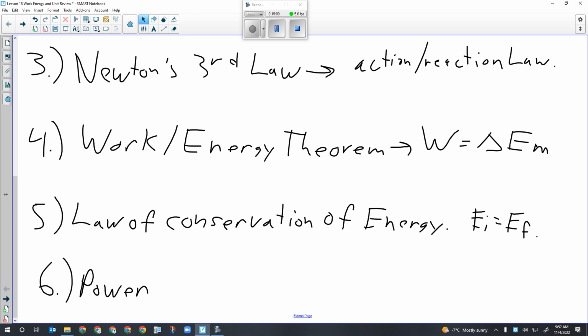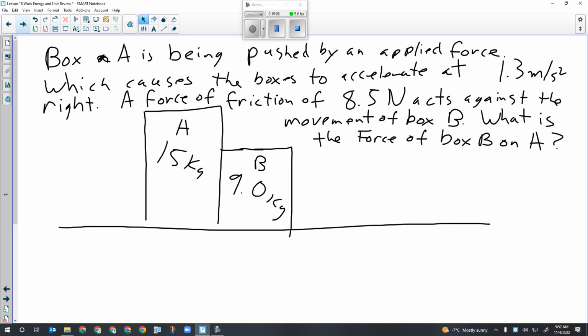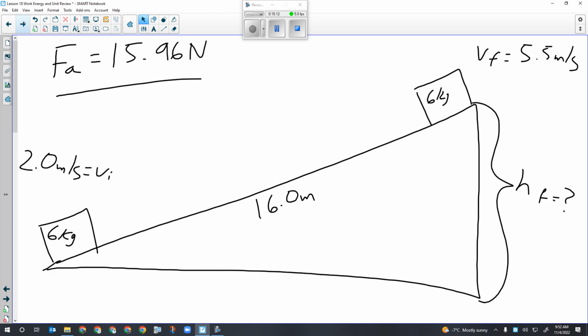How about we do some of the work energy theorem questions? Okay. There's a work energy theorem question. All right, so you have a 6 kilogram mass.